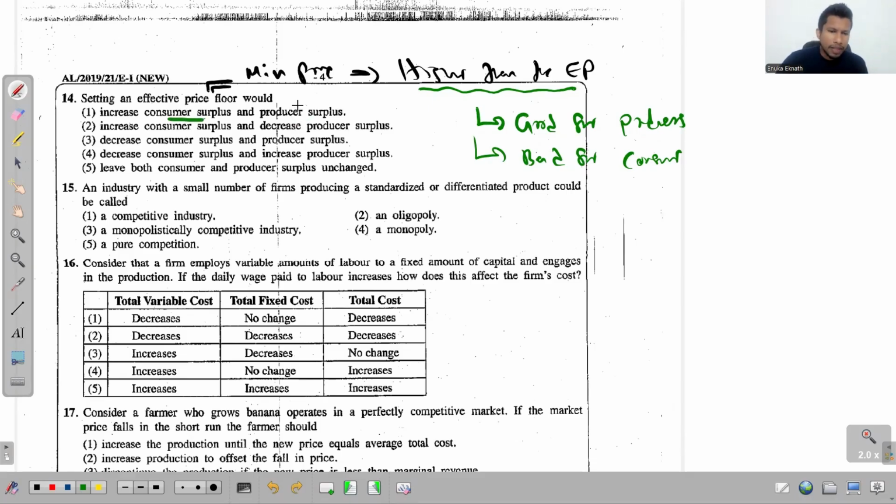If the price is bad for the consumer, consumer surplus will decrease, and if the price is good for the producer, producer surplus will increase. That's what has to happen. See that now: decrease consumer surplus and increase producer surplus. So the answer is the fourth one.